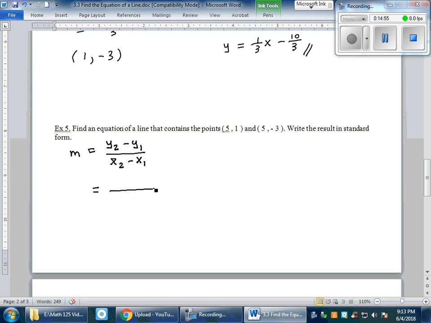This is x sub 1, this is y sub 1. So this gives us negative 3 minus 1 over 5 minus 5, which gives you negative 4 over 0. That is equal to undefined.